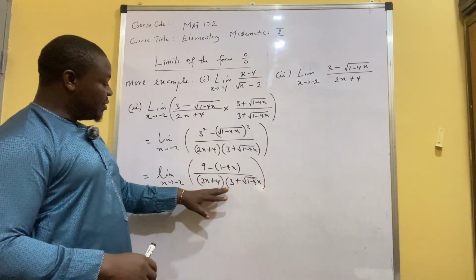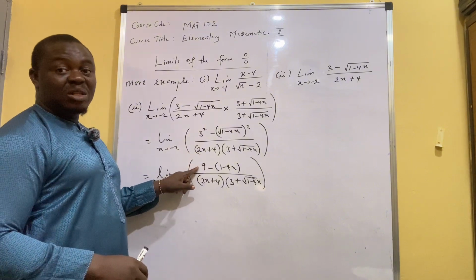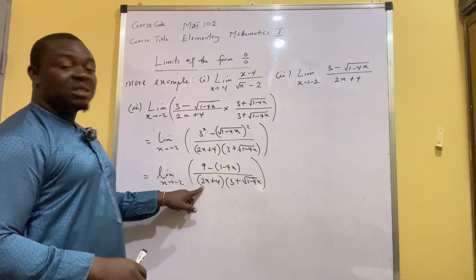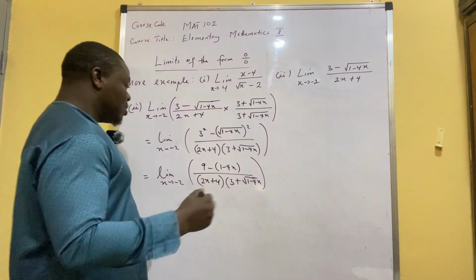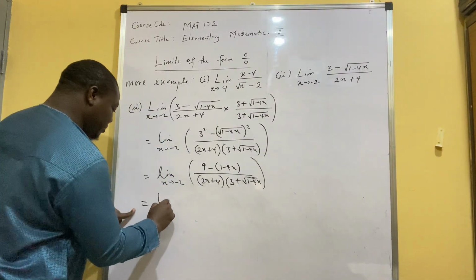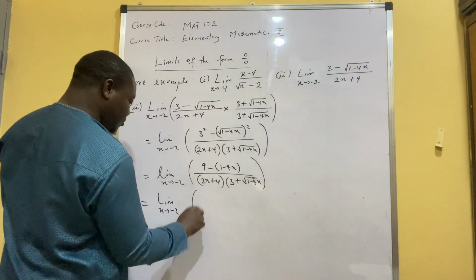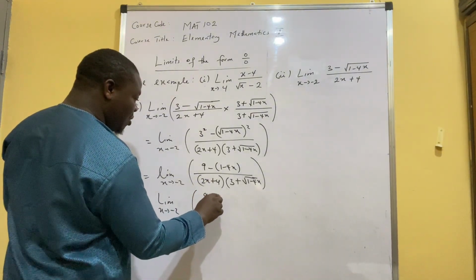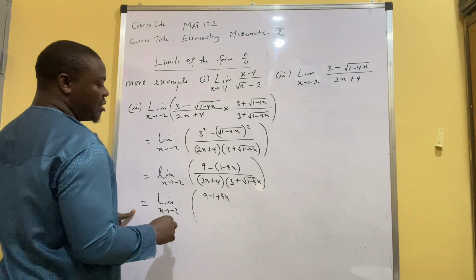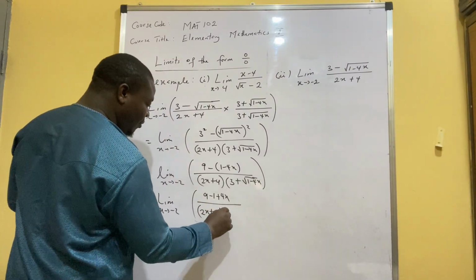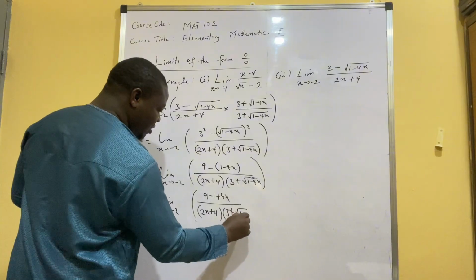I normally leave it like that, because at the end, if you simplify the numerator, you will have something to cancel out this particular term here. So we go further to have the limit as x tends to minus 2 of 9 minus (1 minus 4x), all over 2x plus 4 times 3 plus root 1 minus 4x.